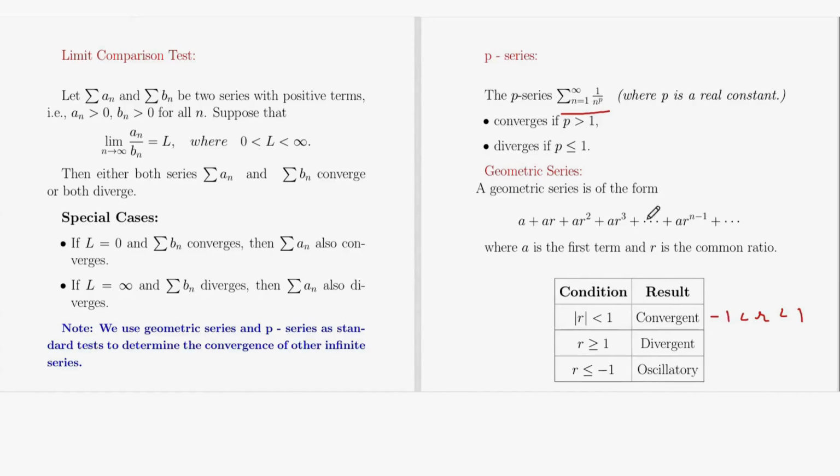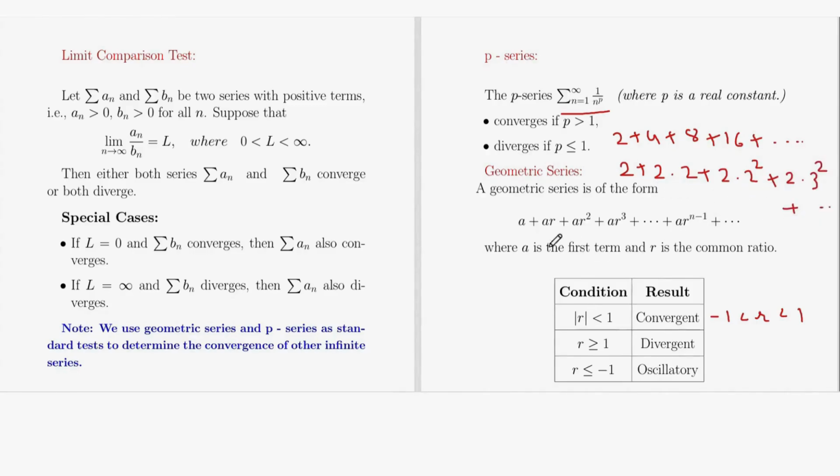For example, suppose the series is 2 plus 2 square plus 2 cube and so on. Let's check whether this is in this form or not. 2 is my first term, so 2 is as it is. Then a into r, so 2 into 2, plus 2 into 2 square, plus 2 into 2 cube, and so on.